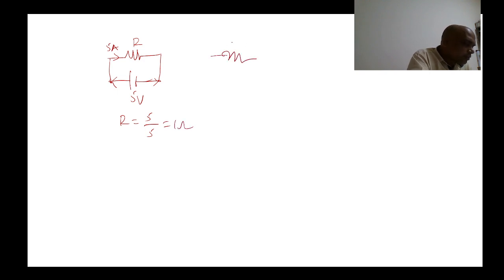Suppose inductor is 2 Henry and the applied voltage is time varying. So V of t equals Vm sin omega t. Let us say 10 sin 50t, which means omega is 50.